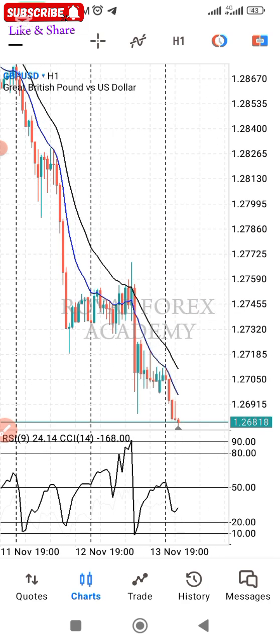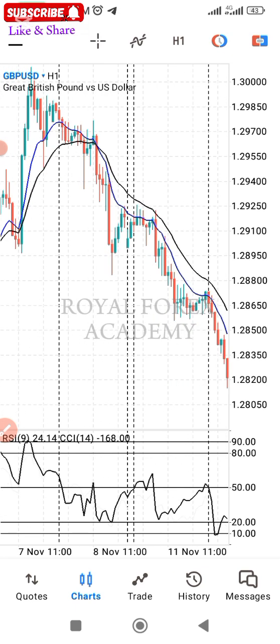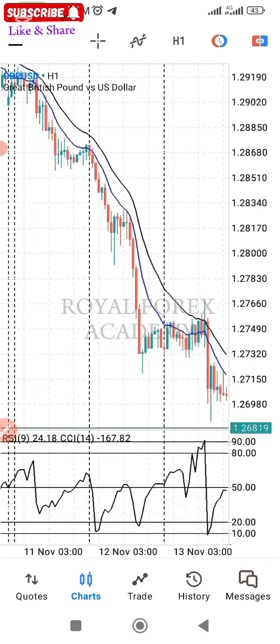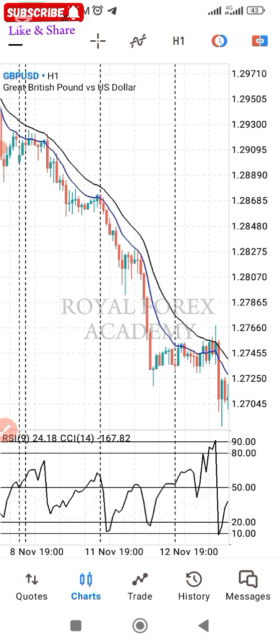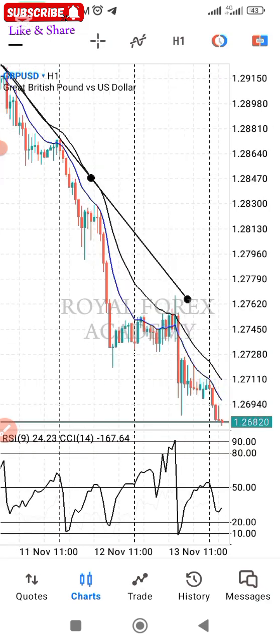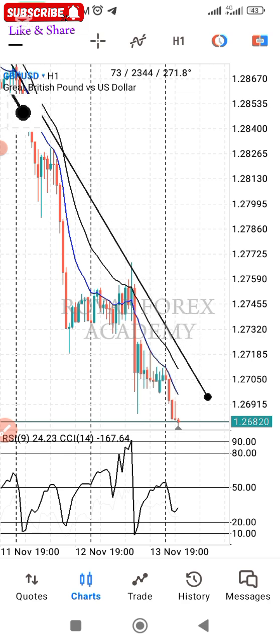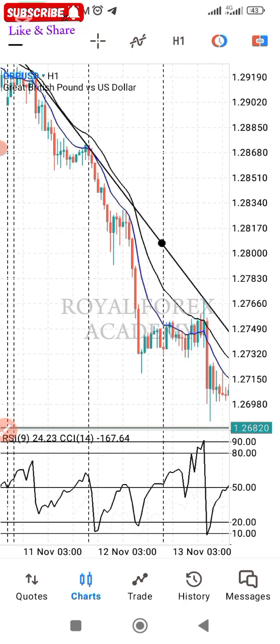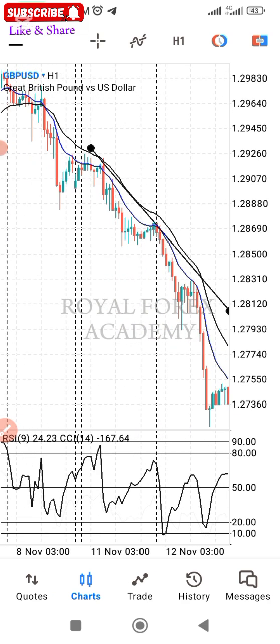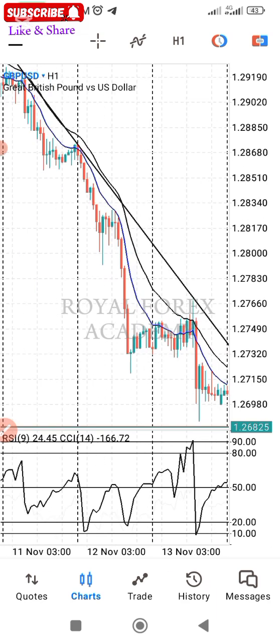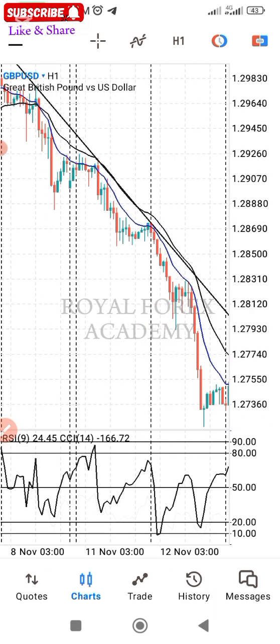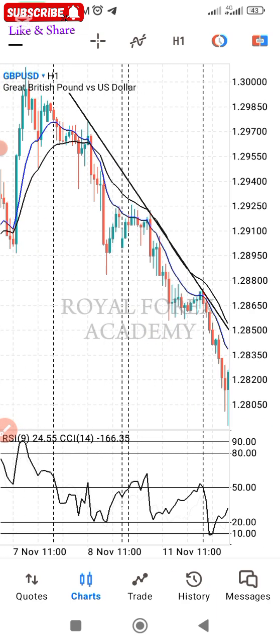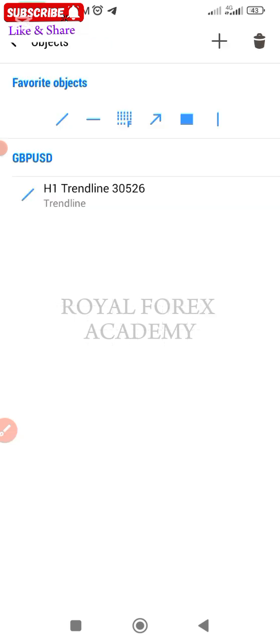This is H1. You can see that this price has been bearish. So for instance, if we have our trend line drawn to this trade, so this is our trend line connected since the beginning of this move. So you can see that at every interval, price keeps leaving our trend line, and here we have it.